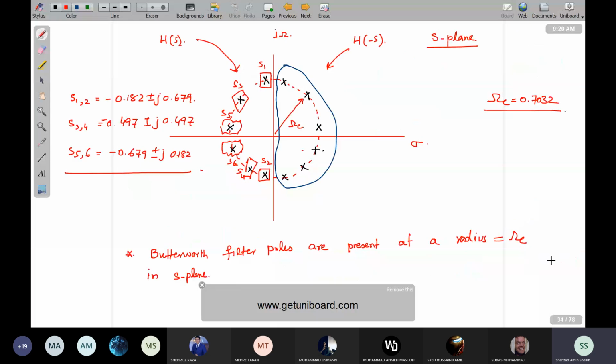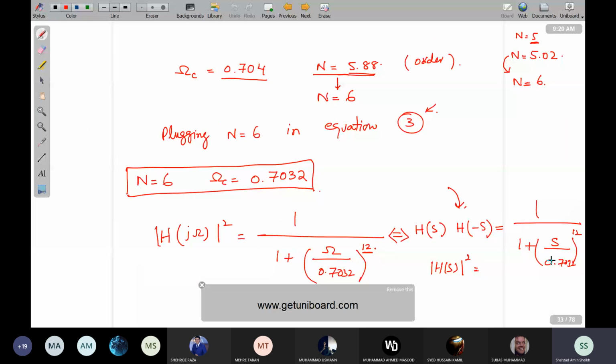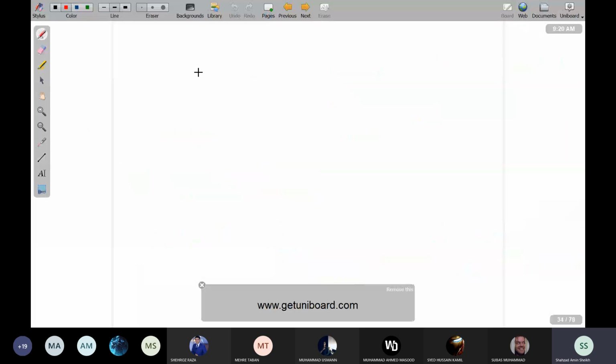अच्छा, अब आते हैं how to get the transfer function and how the poles of H(s) square कैसे प्लेस हुए हैं. अच्छा, मेरा ख्याल है कि मुझे दोबारा बनाना चाहिए इधर. ओके, this is my j omega, this is sigma, and I am talking about S plane.